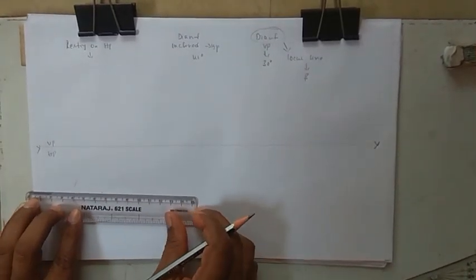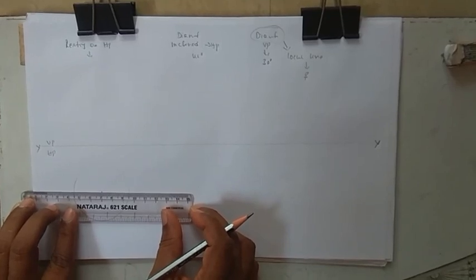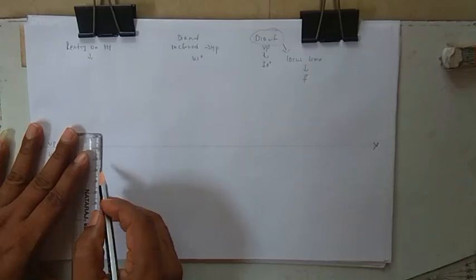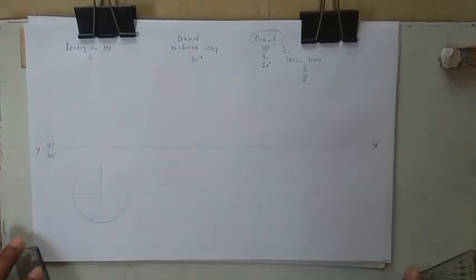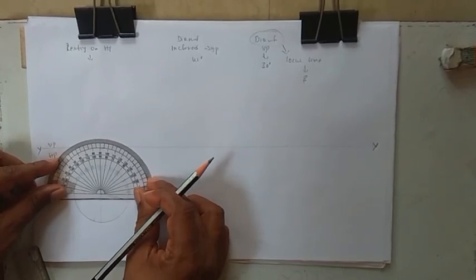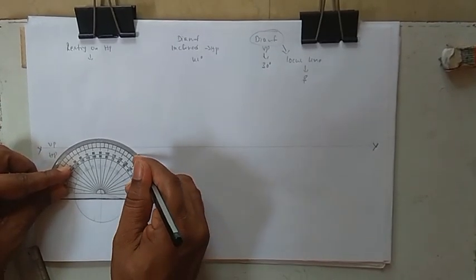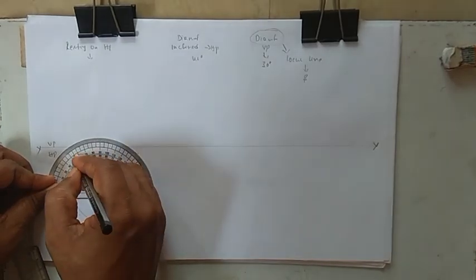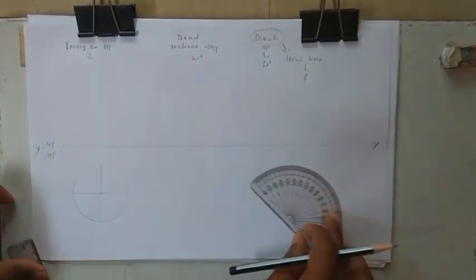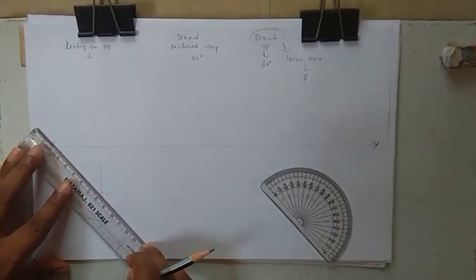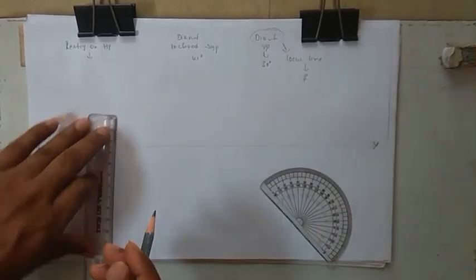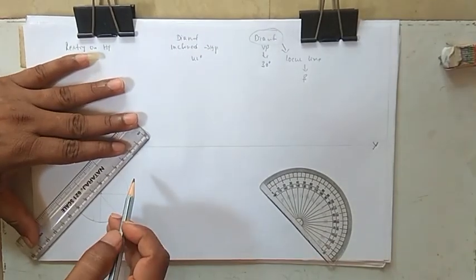Now draw one horizontal diameter and then a vertical diameter. Now take the protractor, keep it at the center, and mark 45 degrees on either side, so 45 degrees here and here it's 135 degrees. Now passing through the center, draw a diameter through the center of the circle.